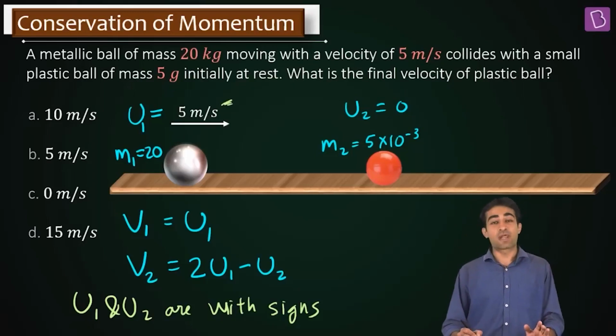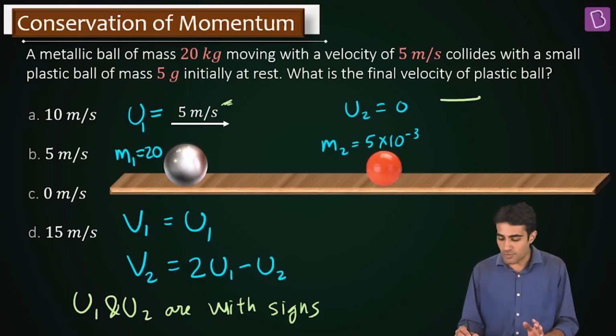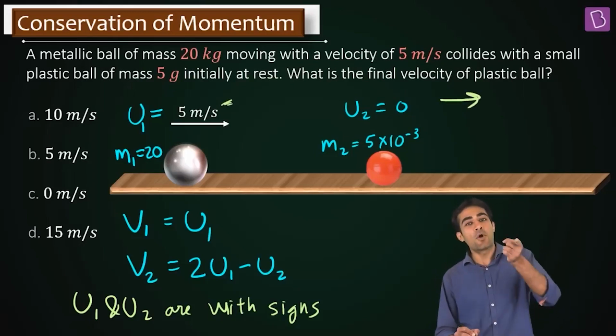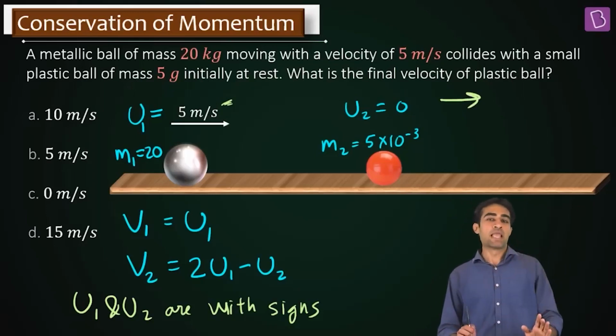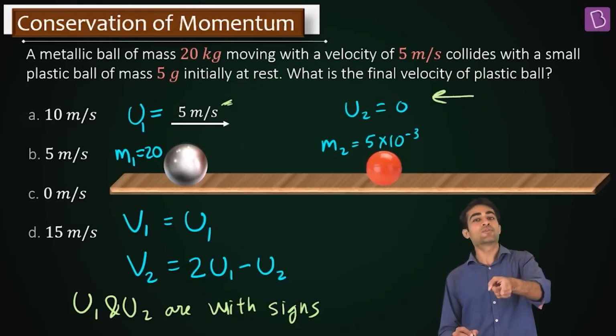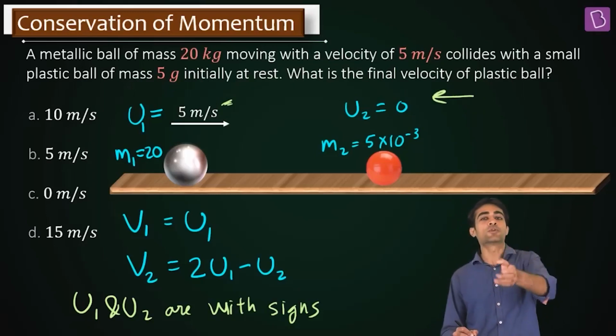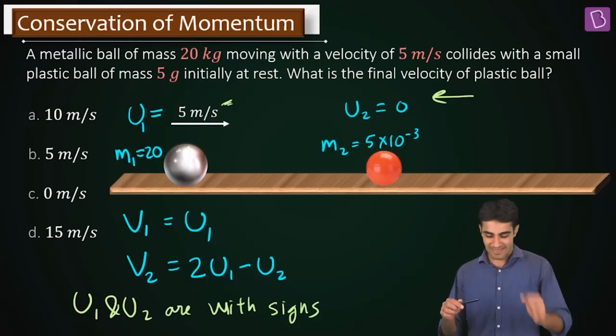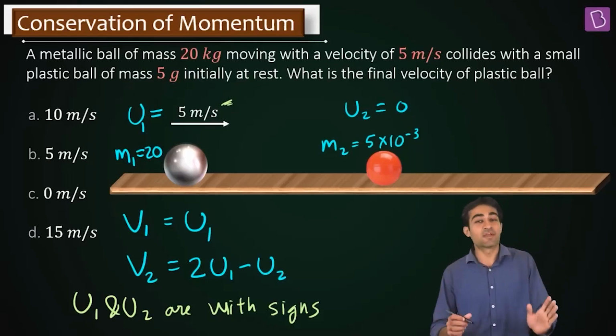Suppose the velocity of the red ball was also in the positive direction, then we would have taken the positive sign for u2. If the velocity of the red ball was in the opposite direction, then we would have taken the negative sign for u2. Okay? Now these are the velocities v1 and v2.